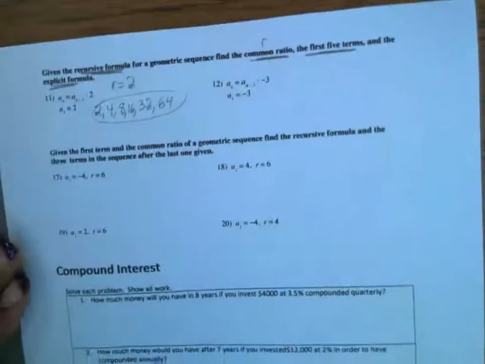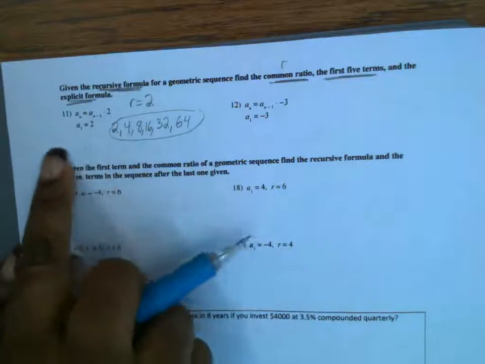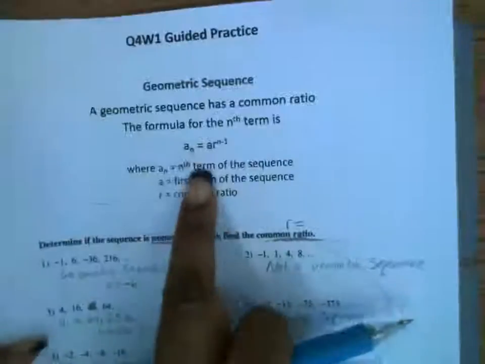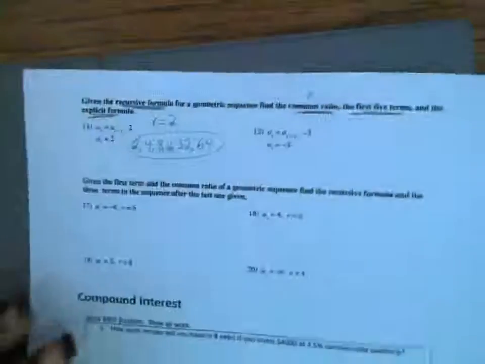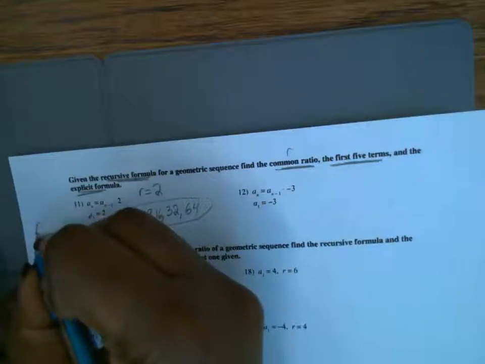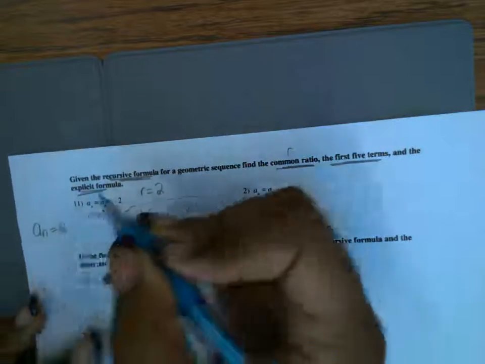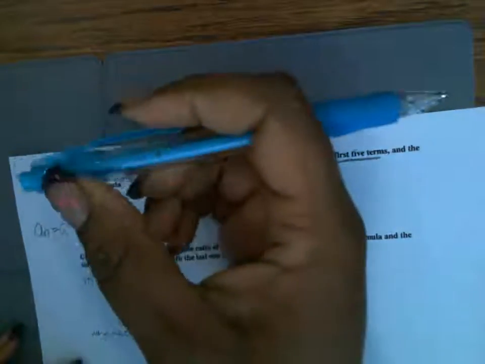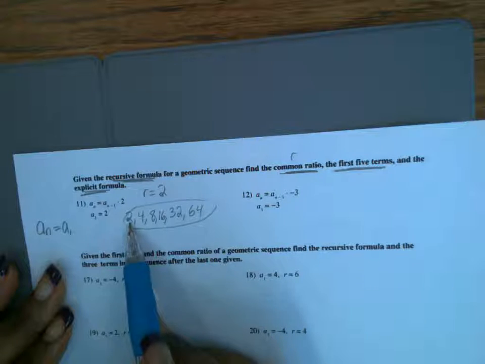All right. So now we want to figure out how to write the explicit formula. Like we did on the other page, we're going to write the explicit formulas that look like this. See, we're using this right here. So we're going to say A sub n, this is the explicit formula. A sub n is equal to, actually A sub 1 is going to be the first number, which is 2.